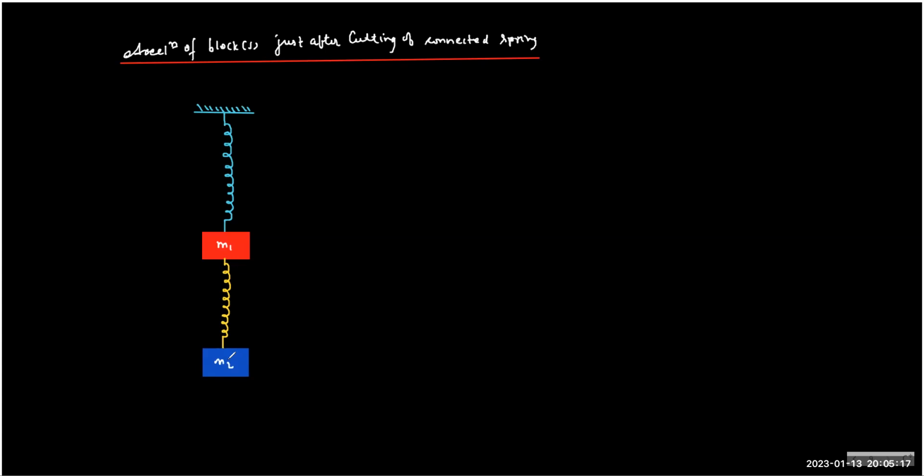If these two masses are suspended and everything is at rest, can you tell me how much is the spring force developed in the upper spring and how much spring force is developed in the lower spring? Can you tell me?